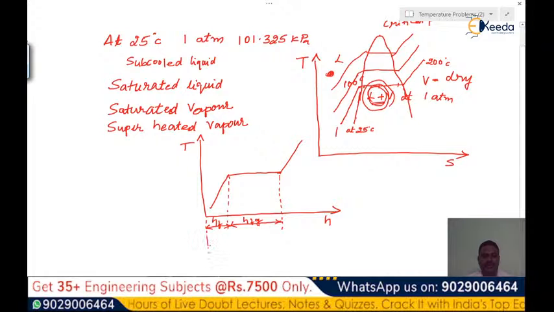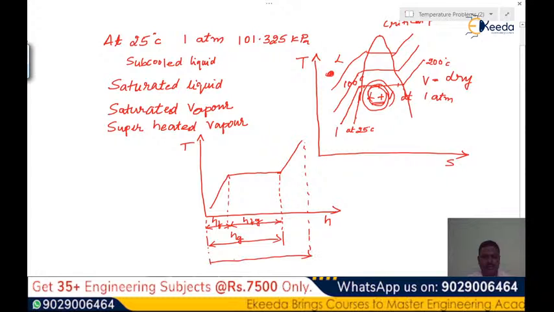The total from initial to the dry saturated point is called Hg, and beyond this point it is superheated.